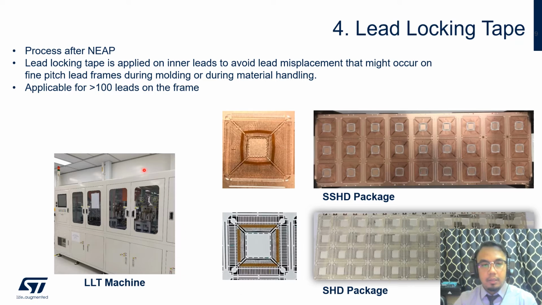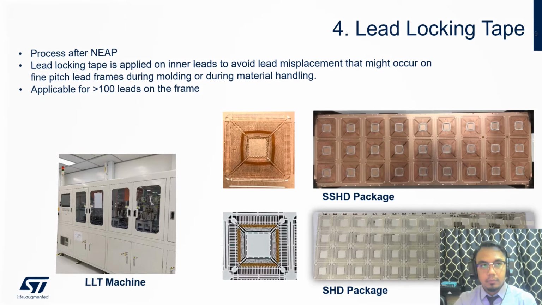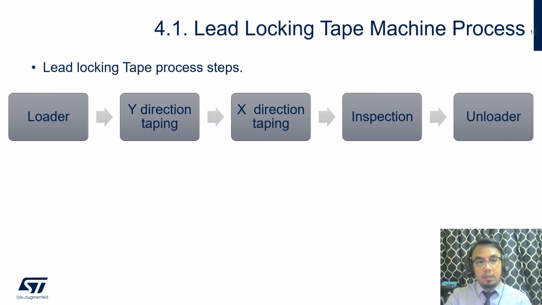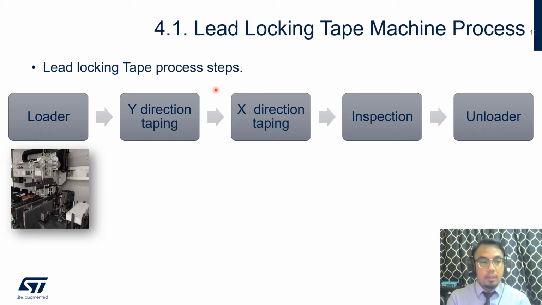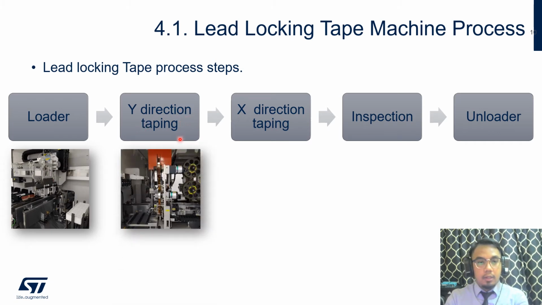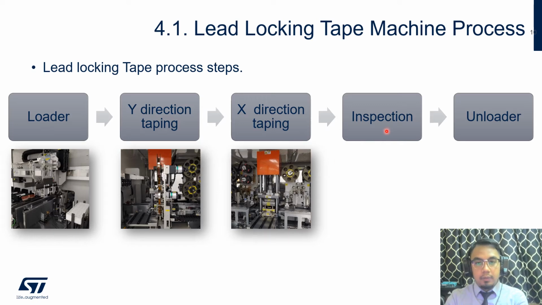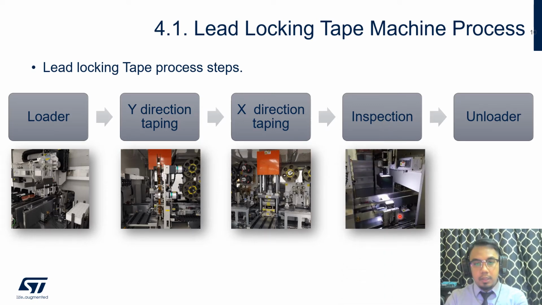This is the picture of the lead locking tape machine. In the process, at first we have the loader, where the vacuum picker picks the lead frame from the lead frame box and places it on the conveyor. Then it goes to the X direction taping, then the Y direction taping, and after that it goes to visual inspection to check if the lead locking has any issue.